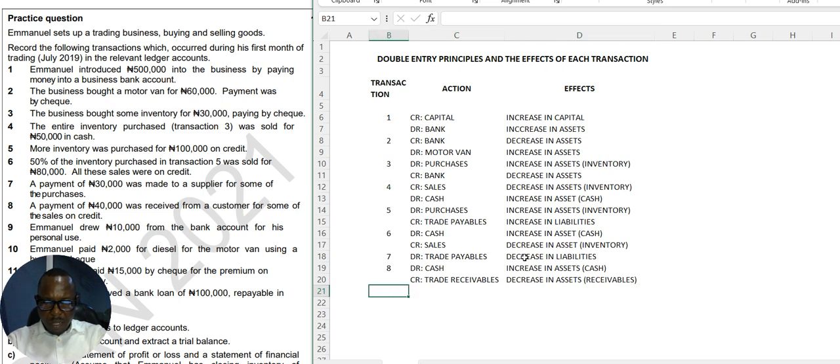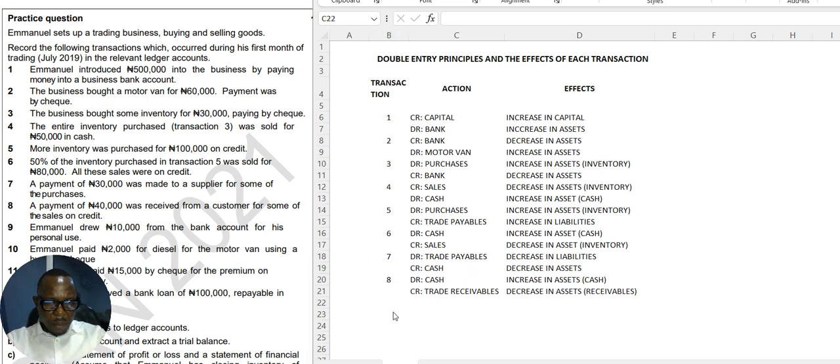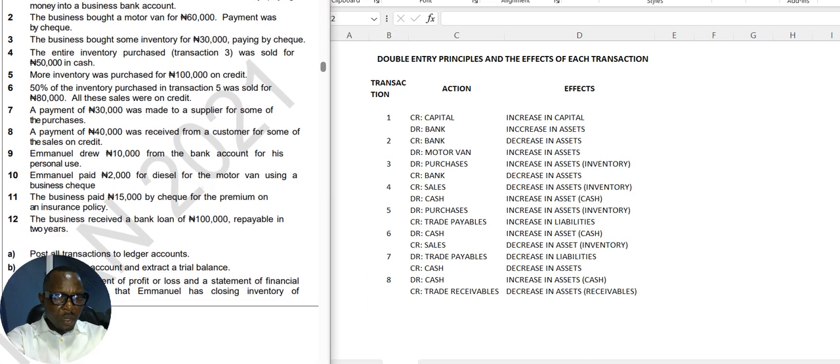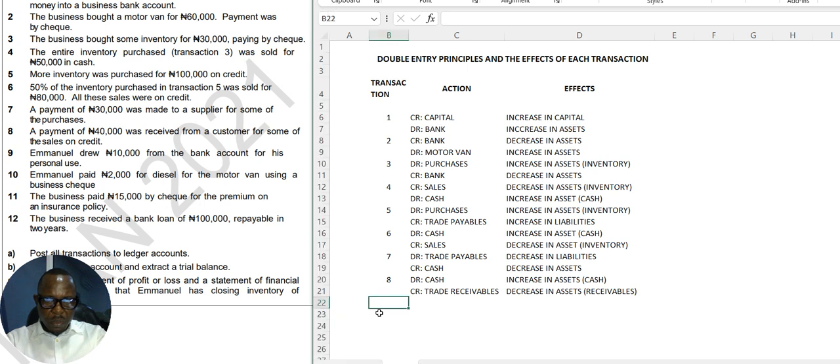Let's go to number 9. Emmanuel drew 10,000 naira. Transaction 9, 10,000 naira. That's drawings.